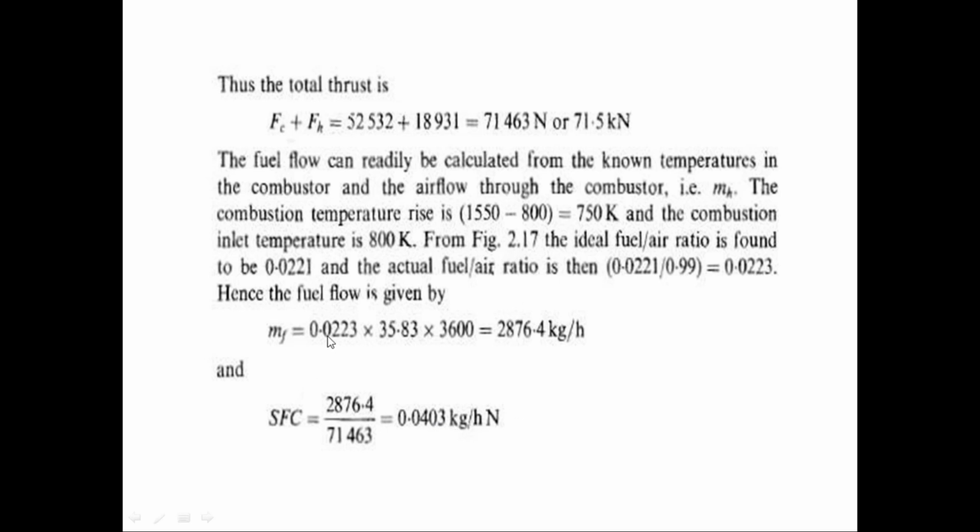So this mass flow rate is written in terms of the kilogram per hour, and this is 35.83 multiplied by 3600 times this is the fuel air ratio, which is 0.0223. So this is the mass flow rate in terms of the kg per hour.